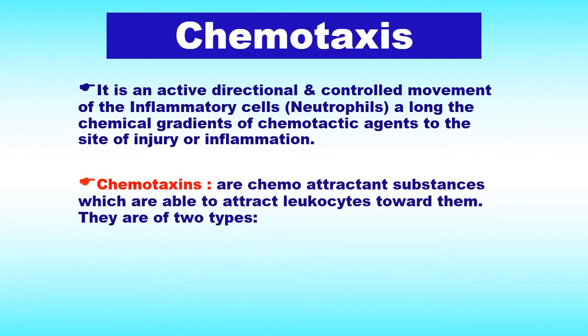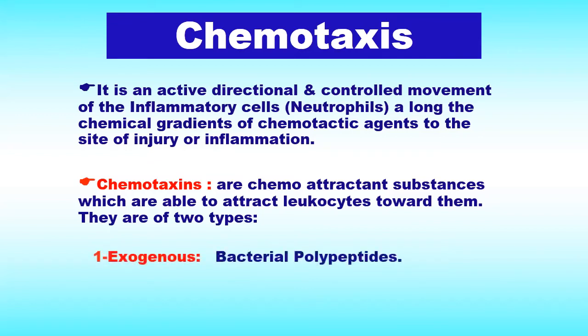So, chemotaxins are chemotactic agents or chemo-attracting substances which are able to attract leukocytes toward them, and they are of two types. First, exogenous chemotaxins, which come from outside the body, such as bacterial polypeptides.